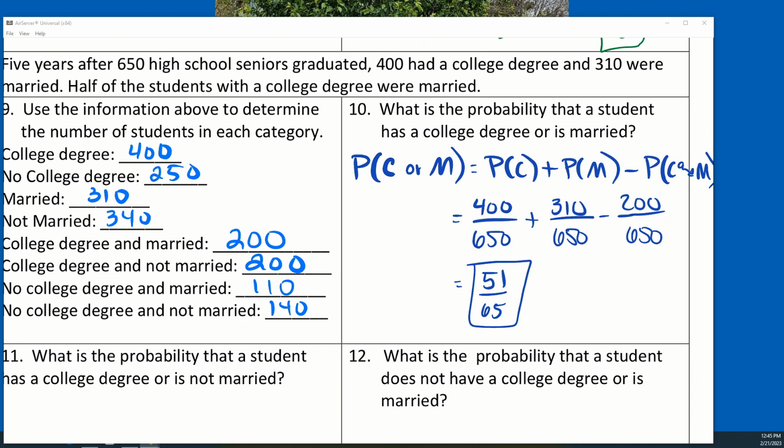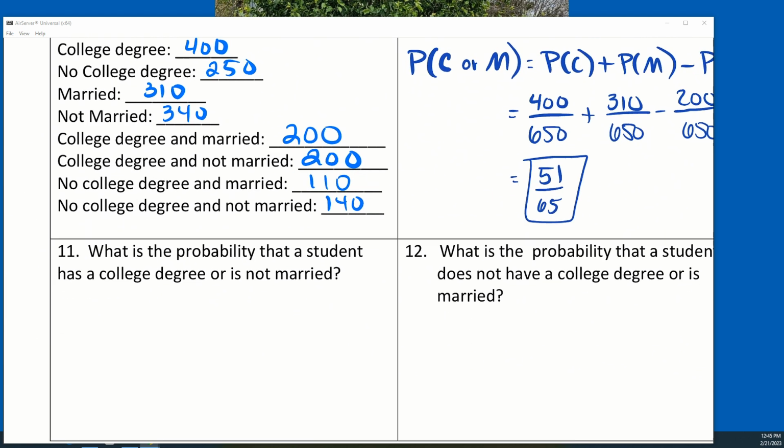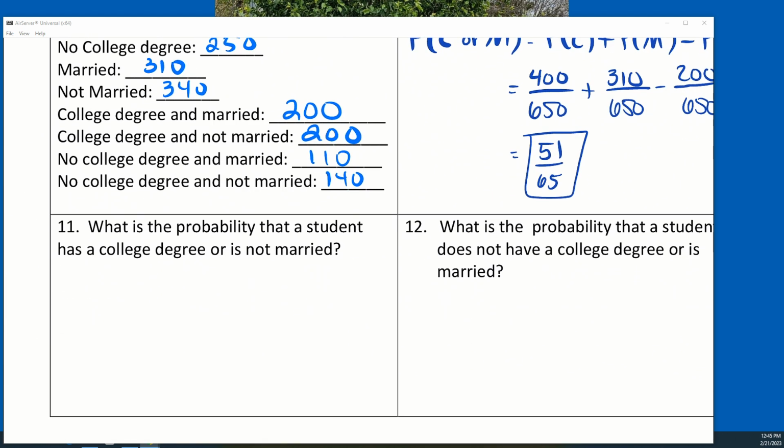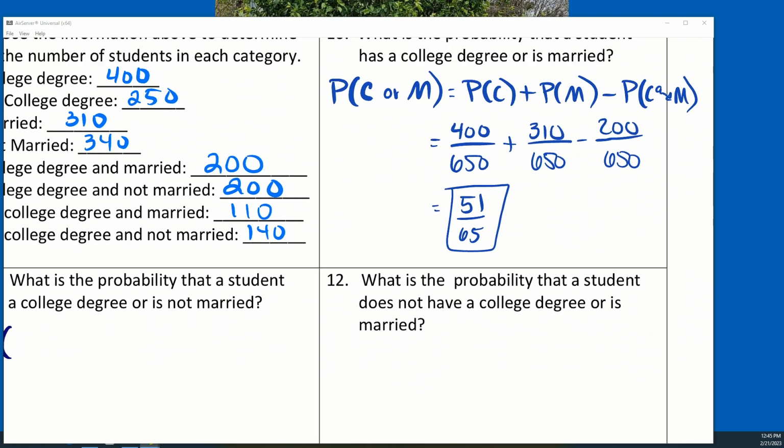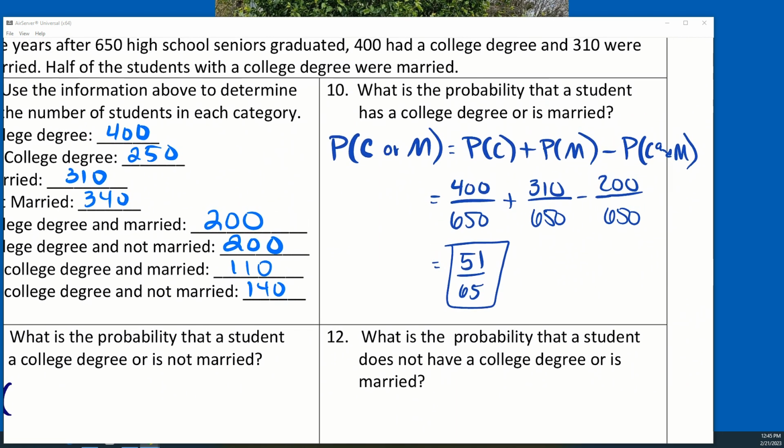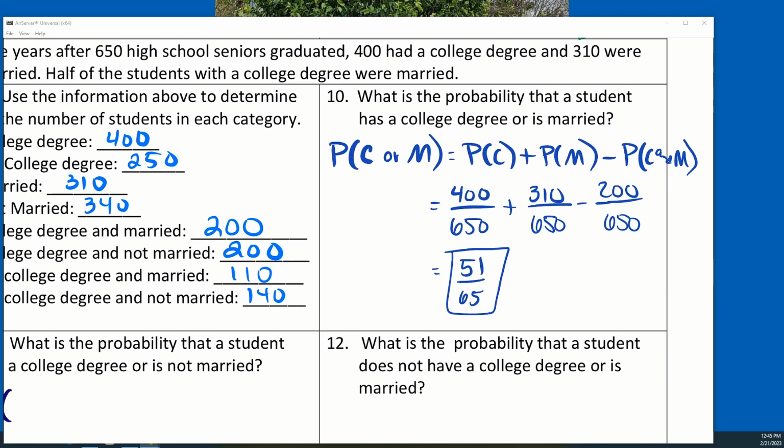All right, y'all okay? We're going to do a couple more. They're basically the same. Once we do those blanks, the rest of it is pretty much the same. So this time, number 10 through 12 are all going to be inclusive.